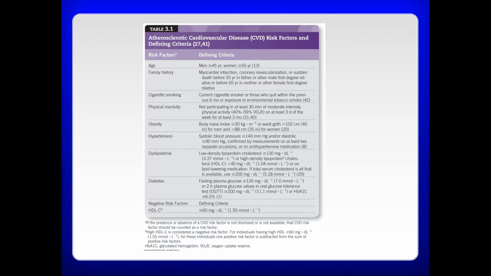So if you have an individual who you suspect their body composition is fine, they're just muscular, and you'll see that with some of the men, then you could do a body composition measure and use that to say, okay, this individual doesn't really have the obesity risk factor. But it's a body mass index over 30, or a waist circumference of 102 centimeters, or 40 inches for a man, 35 inches for a woman.